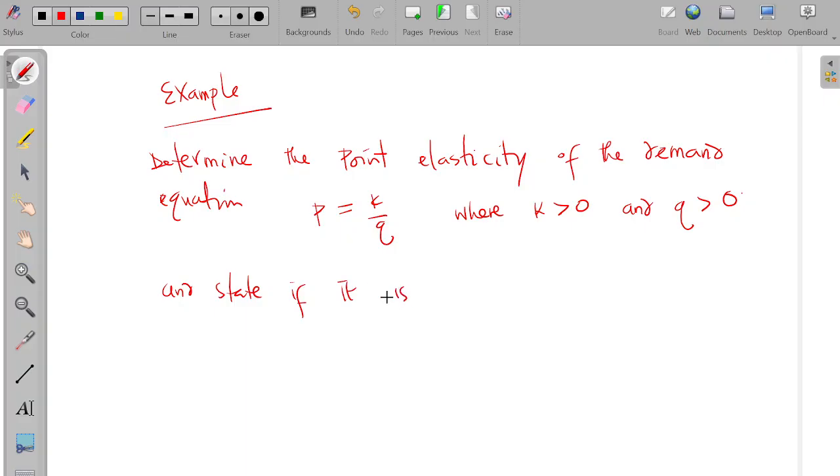if it is elastic, inelastic, or unit elasticity. Okay, all right.